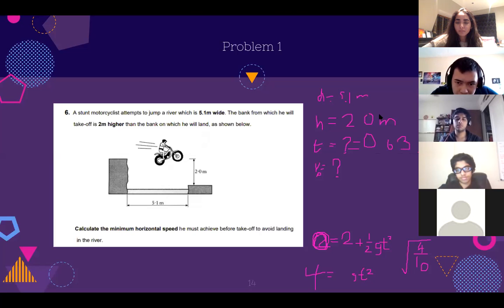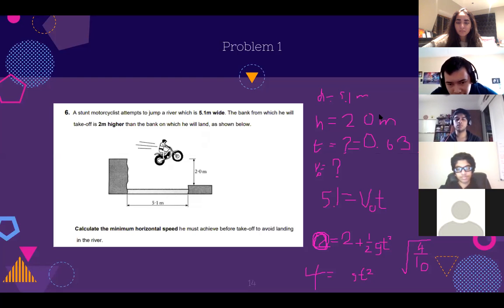So now we want to find, well, 5.1 meters equals v naught t, right? Because we need to find the velocity that he needs to be able to clear 5.1 meters in 0.63 seconds.